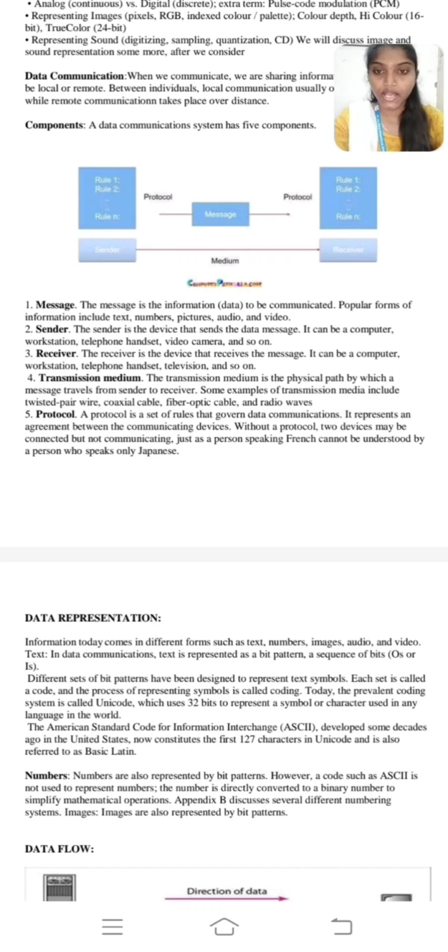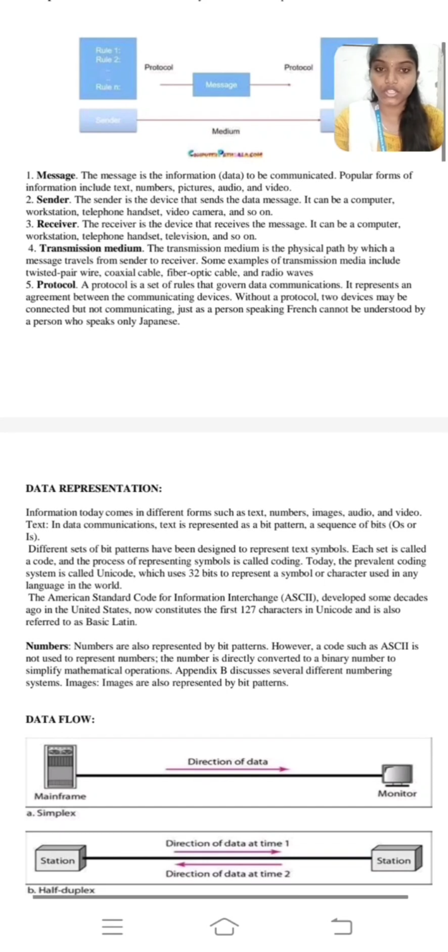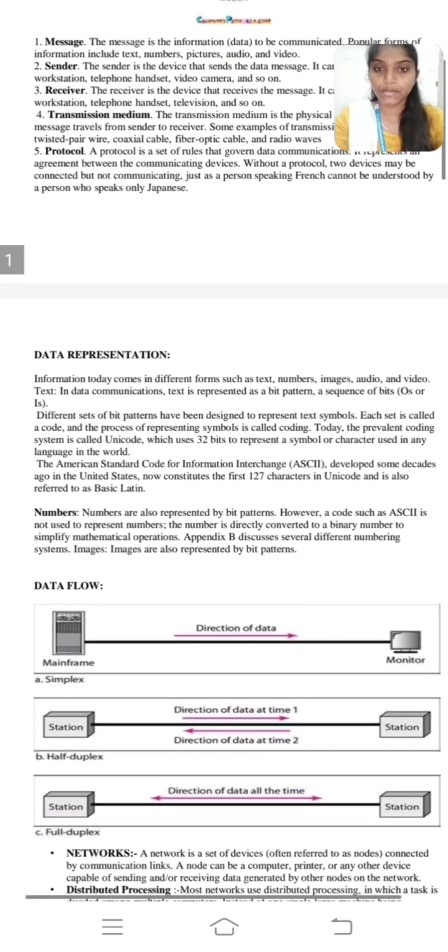It represents an agreement between the communicating devices. With a protocol, two devices can communicate. Without a protocol, devices may be connected but not communicate, just as a person speaking French cannot be understood by a person who speaks only Japanese.